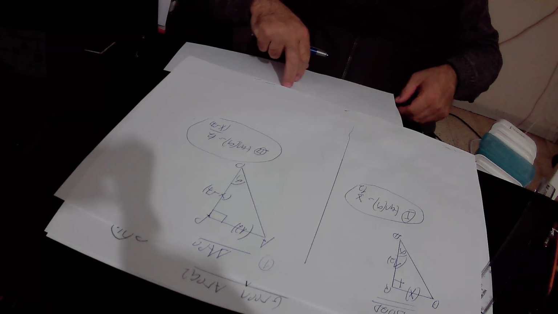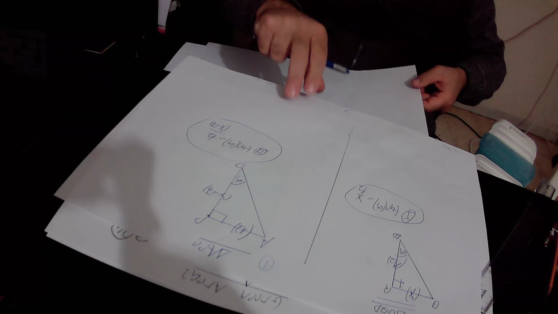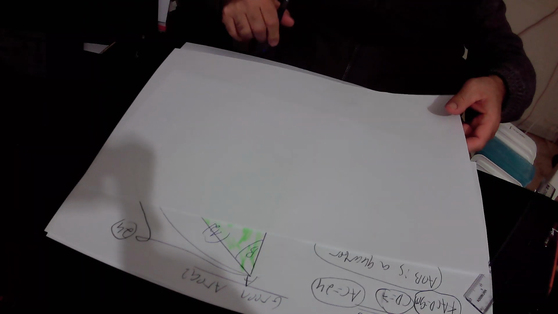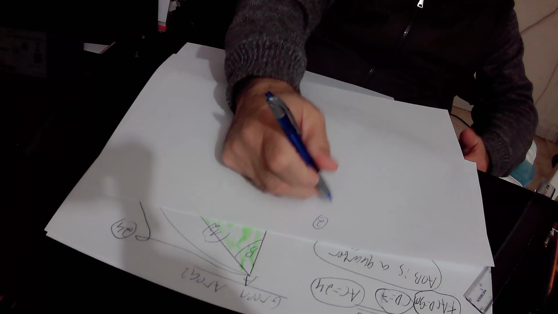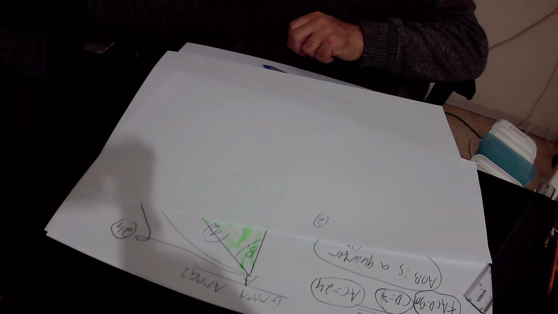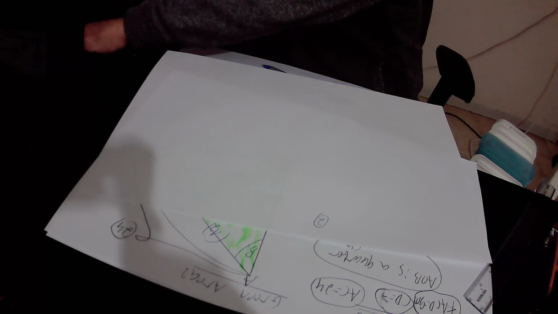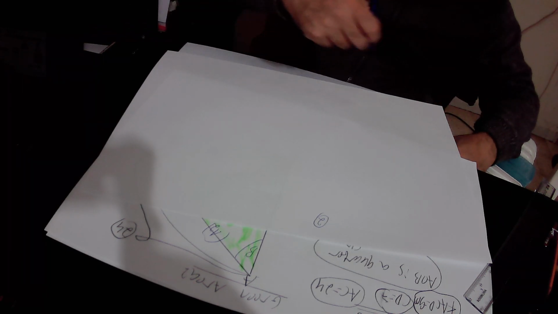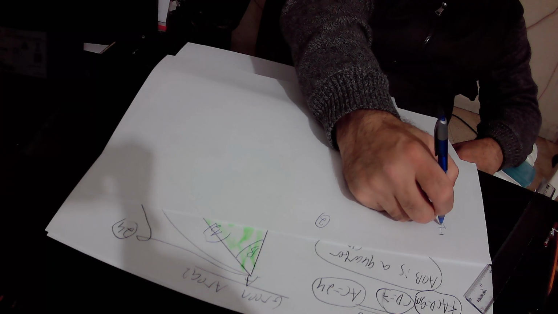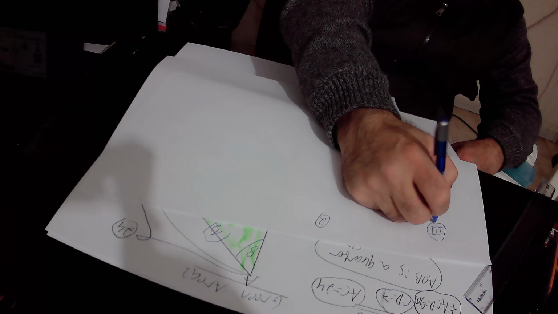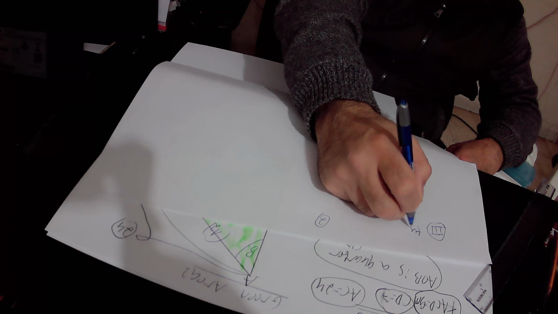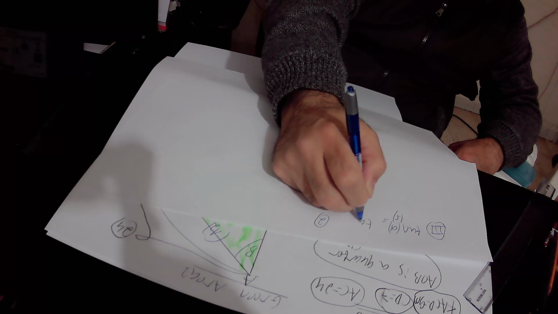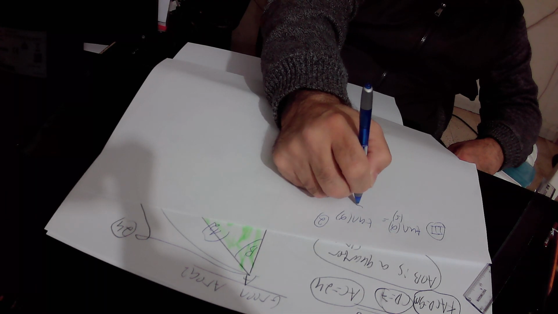The next step, we create equation number 3. According to equation number 3, tangent alpha according to equation number 1 must be equal to tangent alpha according to equation number 2.